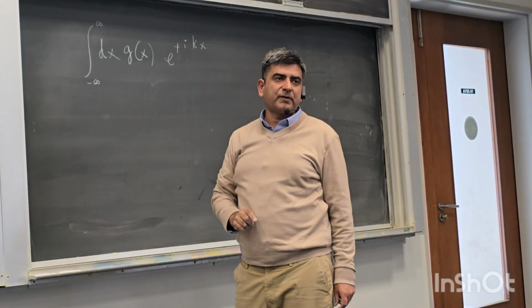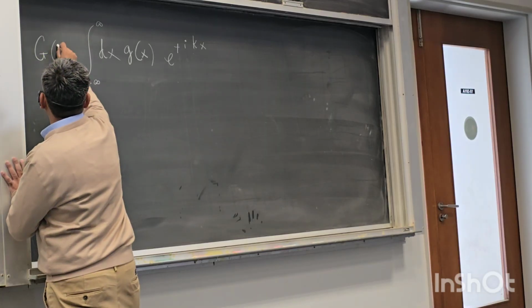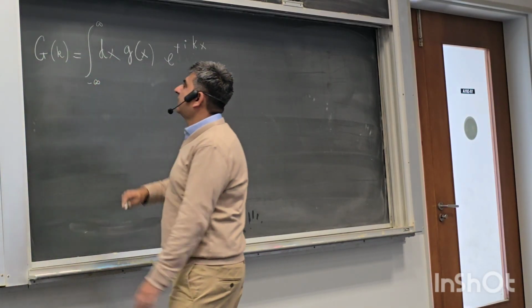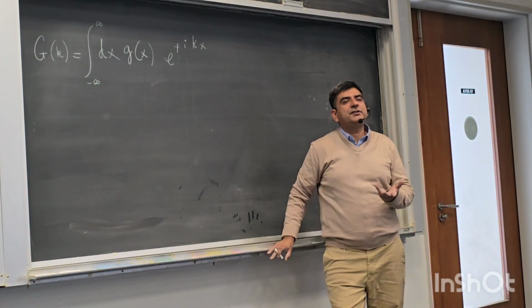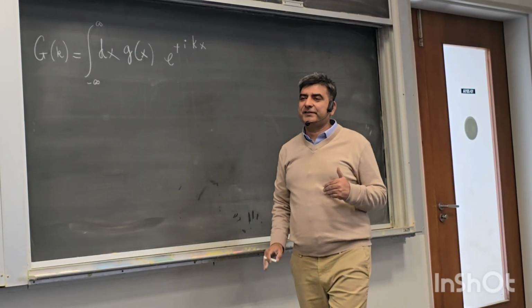This is the Fourier transform of g, small g. Let's represent that Fourier transform as capital G. The variables are now instead of x, they are inverse of x, which is k.